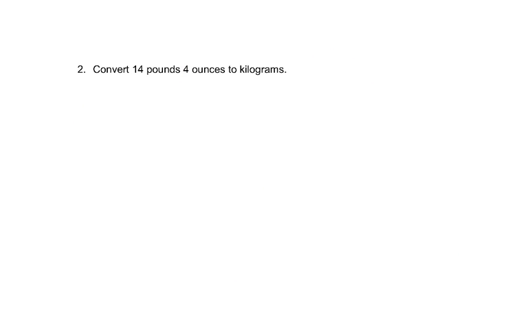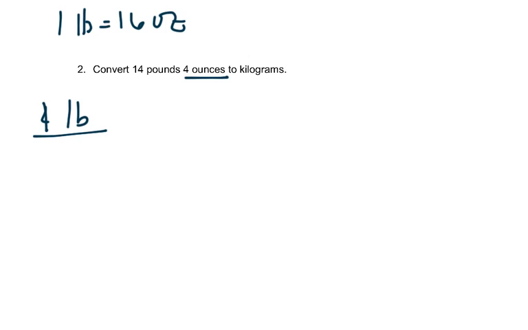Let's do another one. This says we want to change the pounds to kilograms again. Remember, but we have ounces. So let's deal with those ounces. Remember that 1 pound is 16 ounces. So let's start by writing that. 1 pound, 16 ounces, equals, we have 4 ounces and we want to change that to pounds.